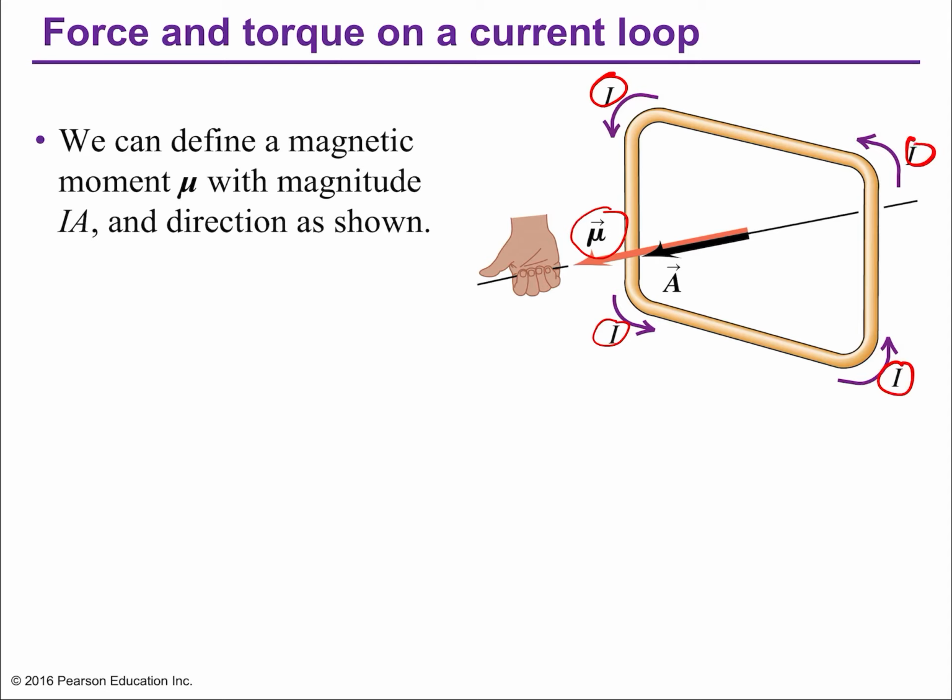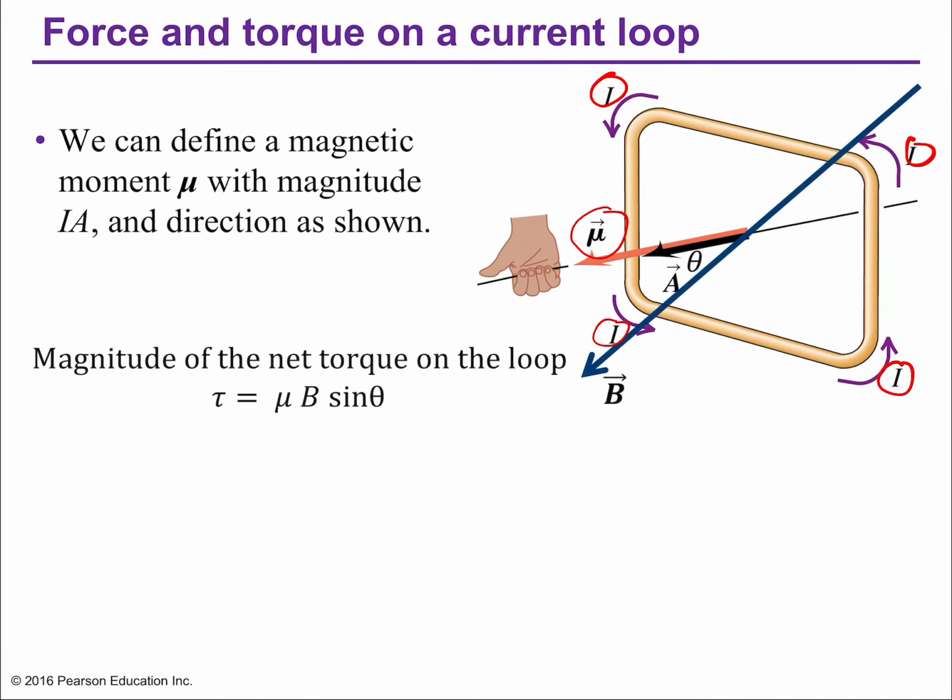All right, let's consider the torque exerted on this loop if there is a magnetic field applied from the outside. Let's apply a magnetic field at an angle theta to the magnetic dipole moment, as shown here. So the direction of magnetic field B makes an angle theta with the direction of mu.